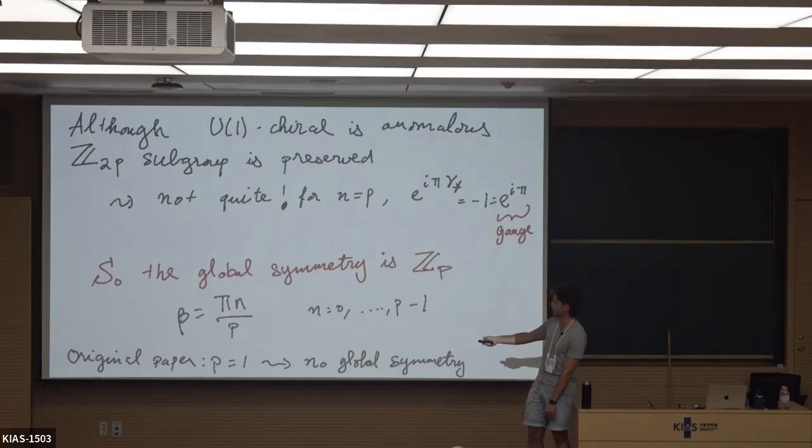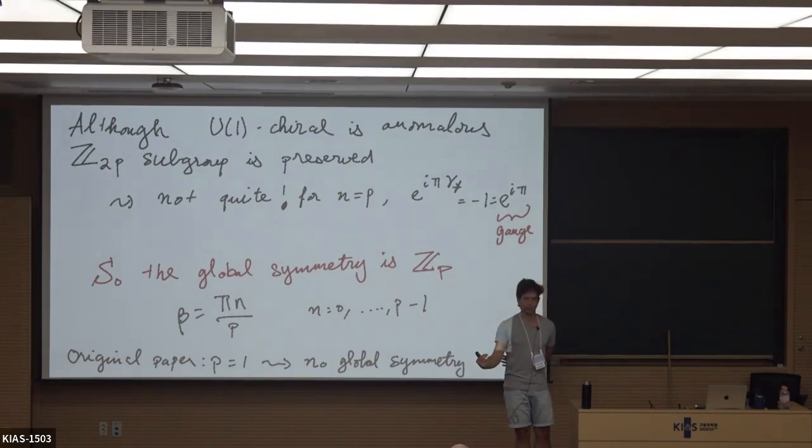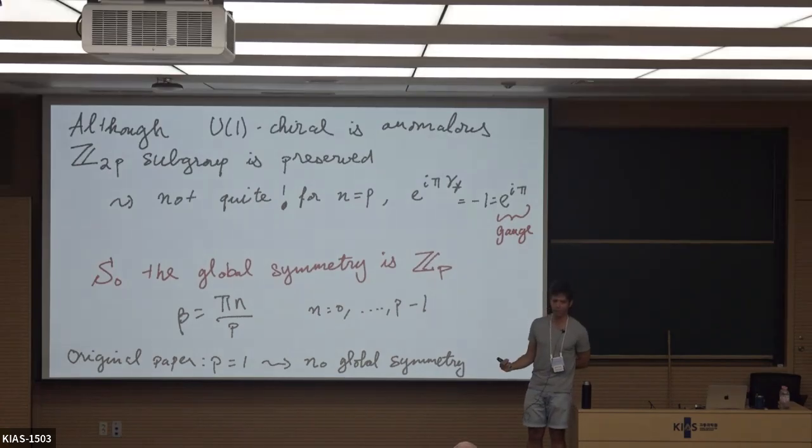So chiral shifts of beta by pi n over p, for n from 0 to p minus 1, are actual symmetries of the theory, non-anomalous chiral rotations. The theory has a Dirac fermion, and the chiral rotation is anomalous.